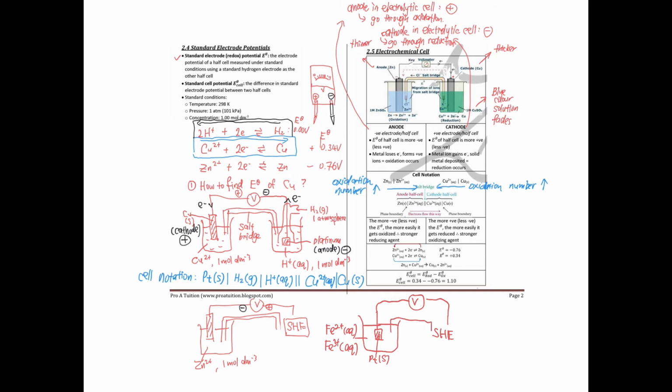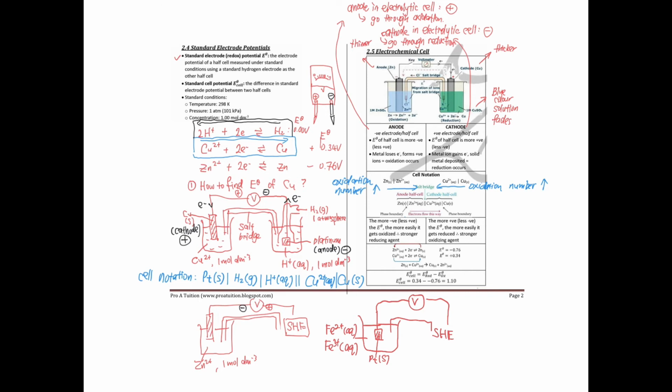Okay, so first of all, we have to look at the data booklet to find out the E theta for Fe3+ and Fe2+. Of course, SHE we already know. SHE is 0 volt, but the iron we have to look for. If you don't have the data booklet with you, just take the value straight away from here.